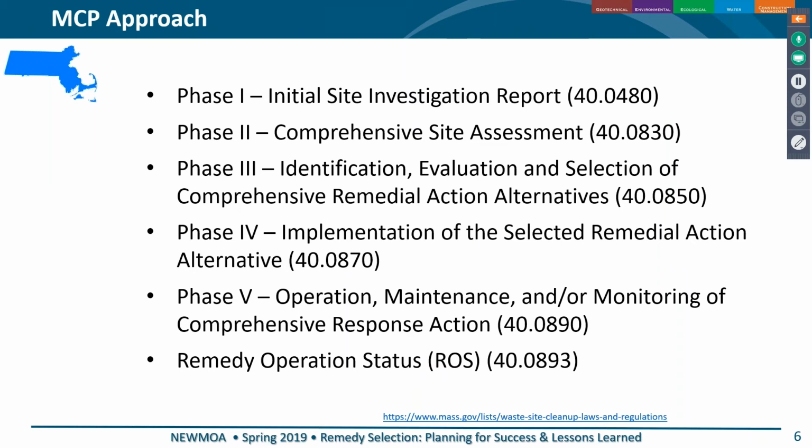You've got the MCP approach, the prescription as you go through these 5 different phases. The one that controls the feasibility study is the phase 3. And each of those numbers and the website, anything you want to know will be there. In terms of the details, those are the specific numbers for the regulations for each point.